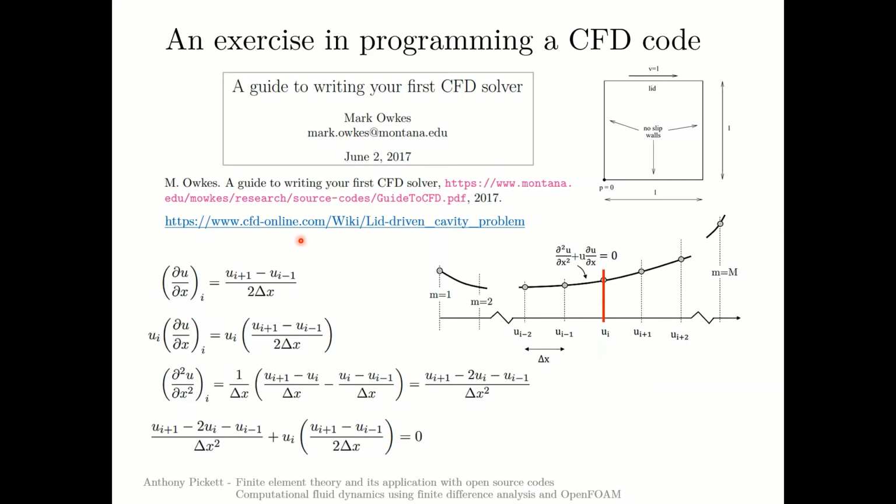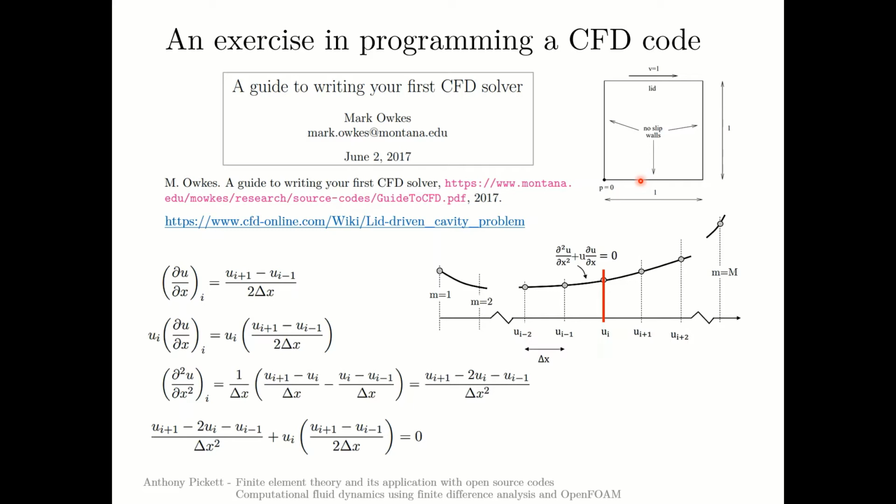Now the method uses finite differences. In this case, there's a grid set up which moves in both directions, and on this grid we perform the analysis. I first want to give you some ideas of how this finite difference method works. I'm doing this here in the bottom half of this slide for a 1D problem.